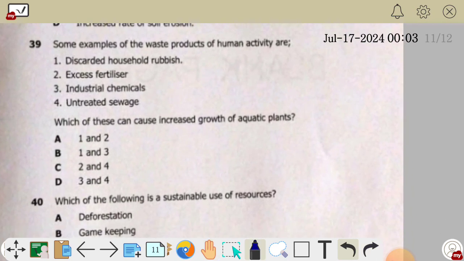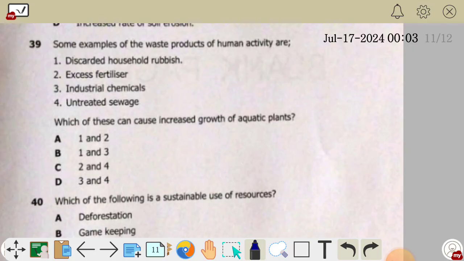39. Some examples of waste products of human activity are discarded household rubbish, excess fertilizer, industrial chemicals, and untreated sewage. Which of these can cause increased growth of aquatic plants?